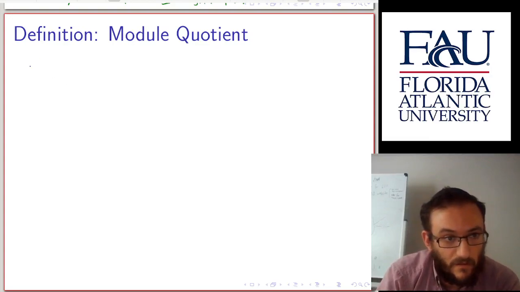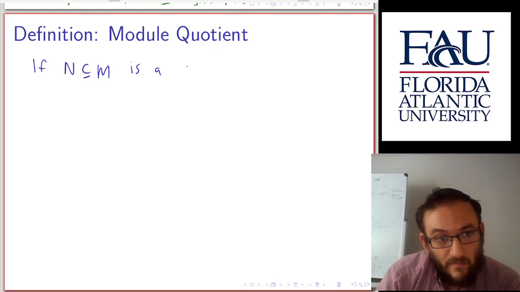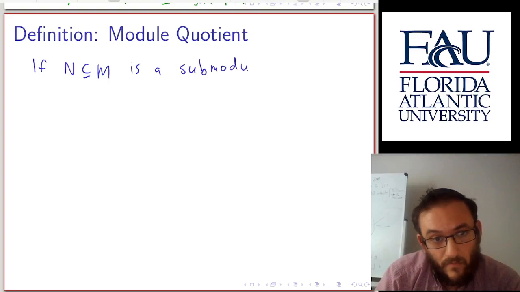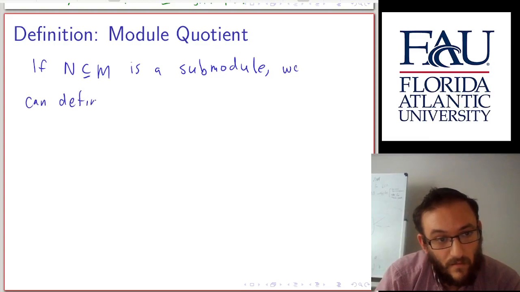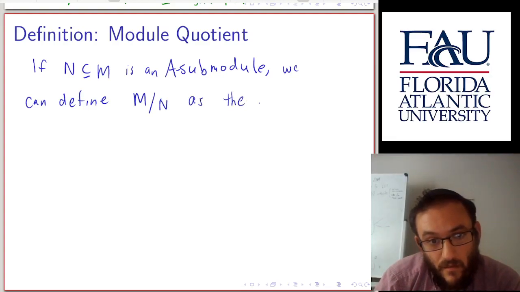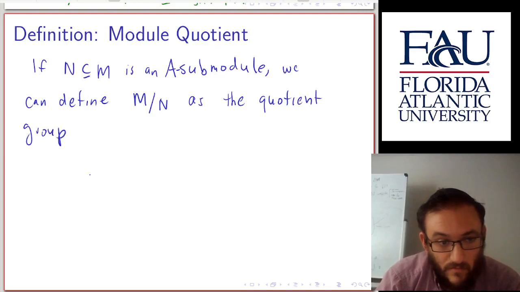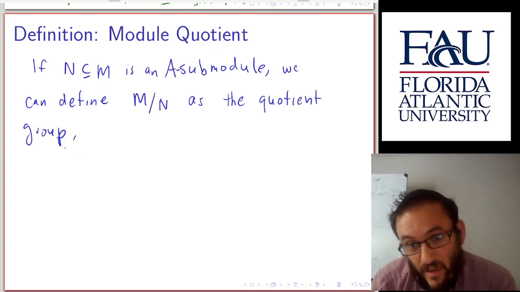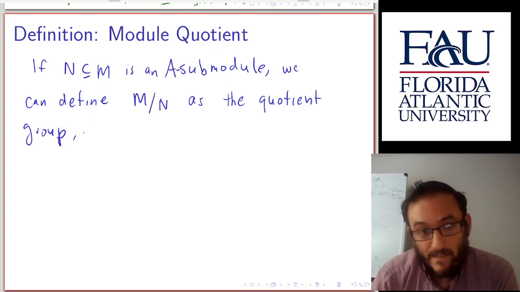Okay, so if N in M is a submodule, I should say an A submodule, we can define M mod N as the quotient group, and it also happens to be well defined as an A module.